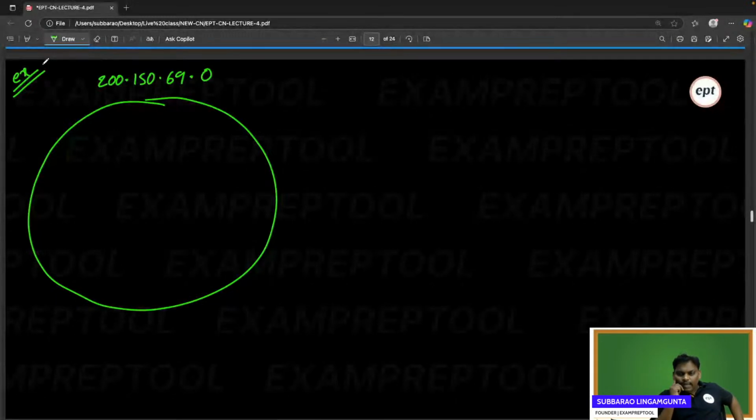This is the network ID or subnet ID, whatever you want to call it. Can you help me, everyone? Which class is it? There is one network with the network ID 200.150.69.0. Can we go ahead?